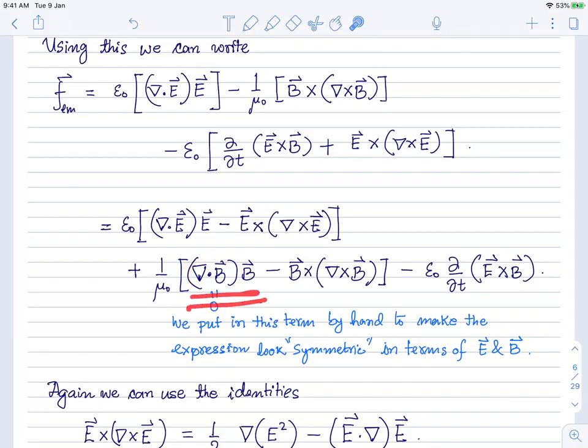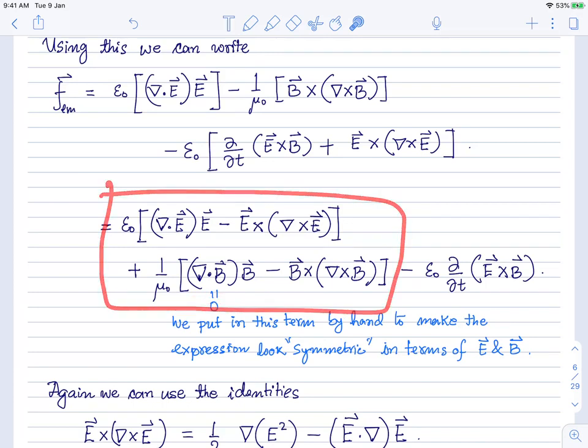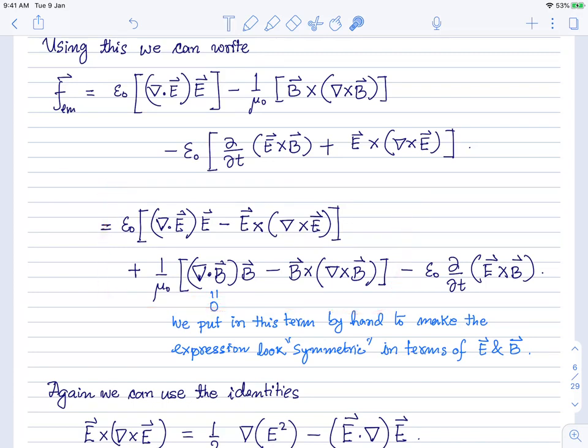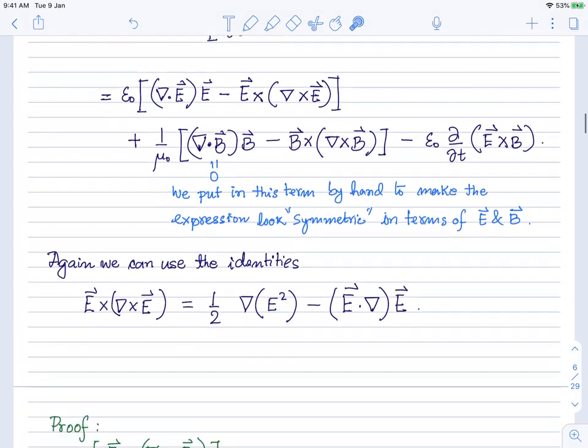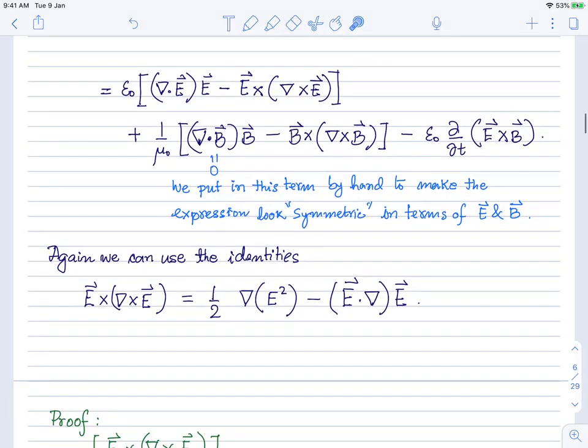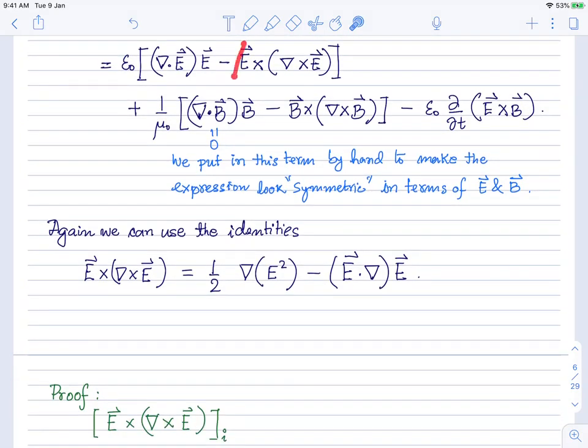If this is 0 and we don't write it, then this expression has two terms and this has one term. But just to make it look symmetric in terms of E and B fields, we have written this term here. We can always add a 0.